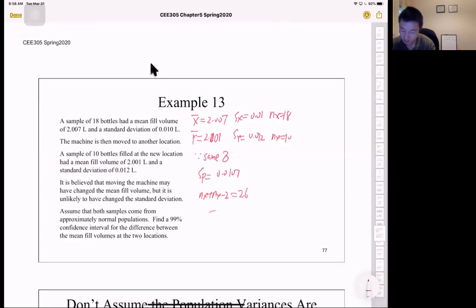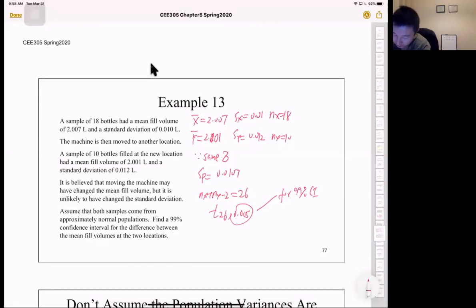So the t value for 26, half alpha is 0.005, because for a 99% confidence interval, half alpha is 0.005.